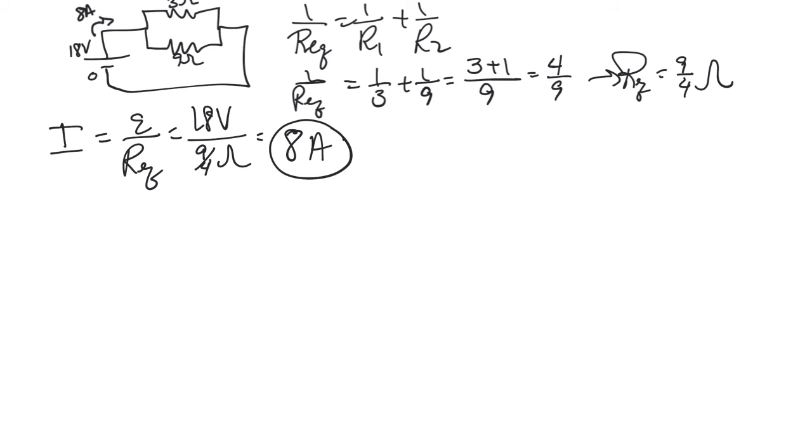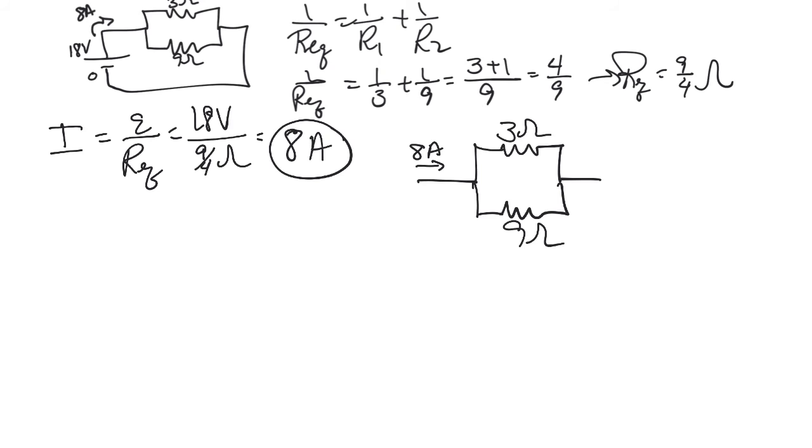8 amps. So those 8 amps come here, and they get to this fork in the road, and you have a 3 ohm guy, and you have a 9 ohm guy, and this little charge that gets here says, where should I go?